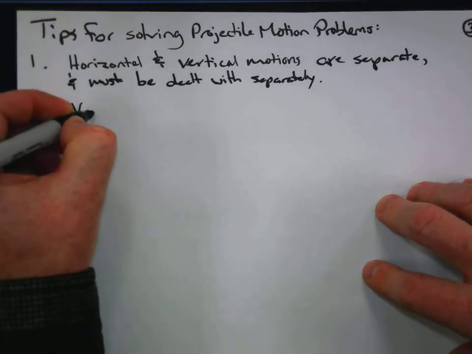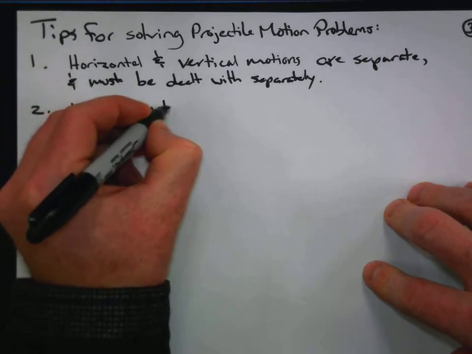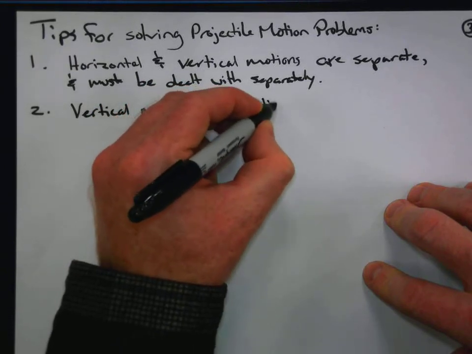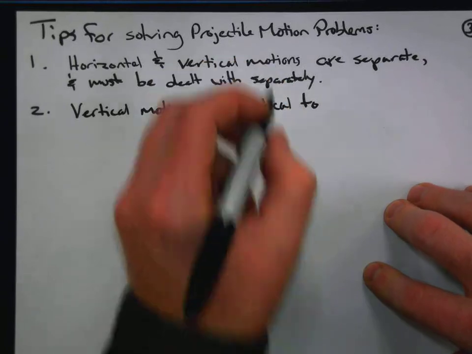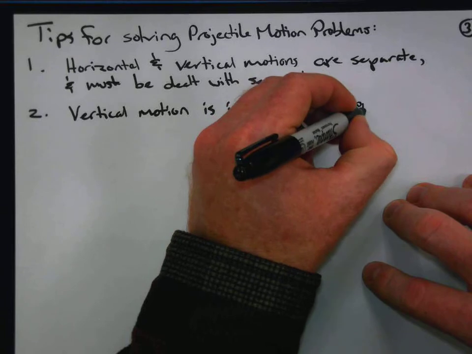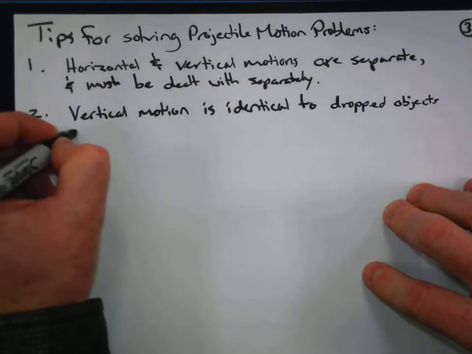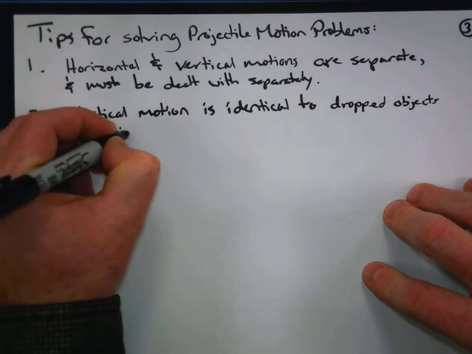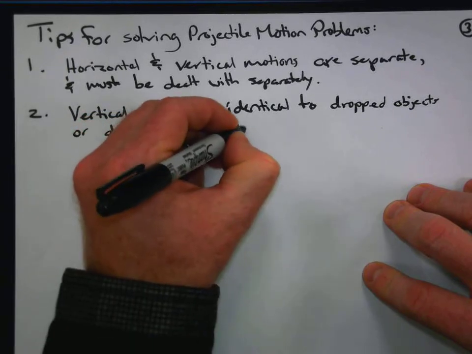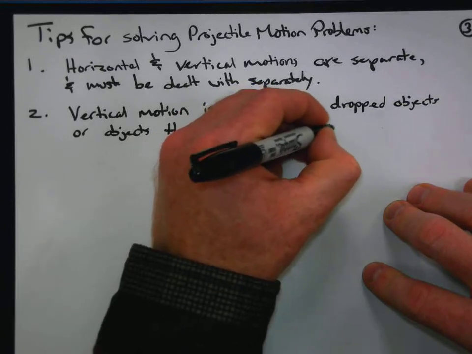So the vertical part, the vertical motion, is identical to dropped objects or objects thrown straight up or down.